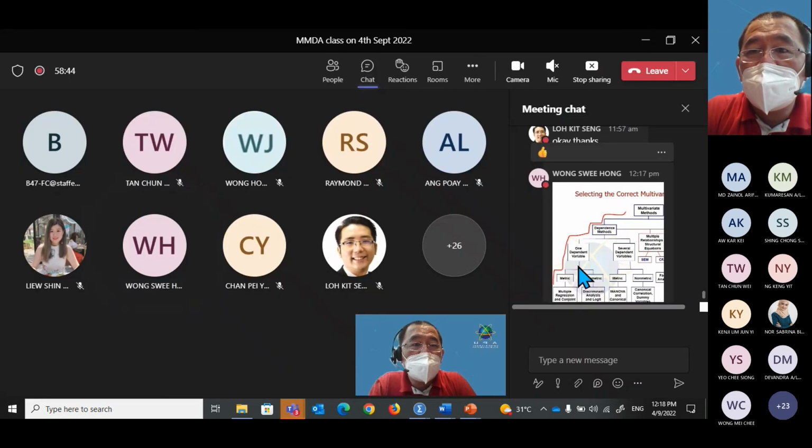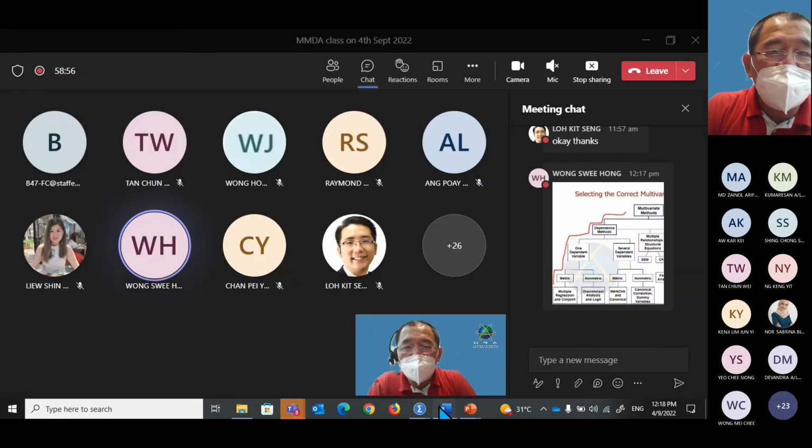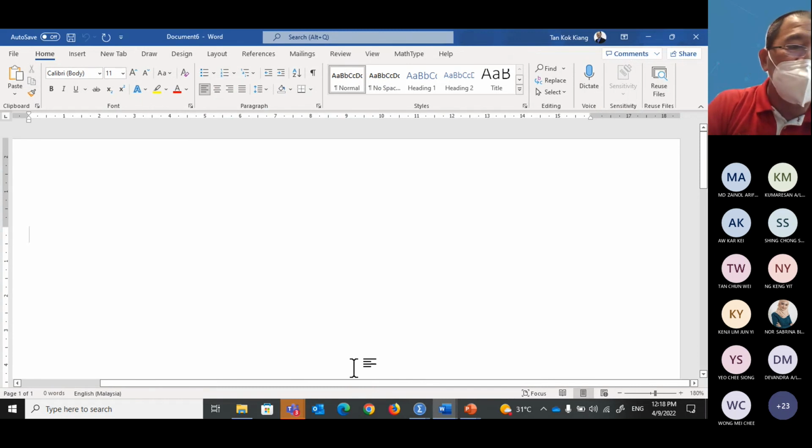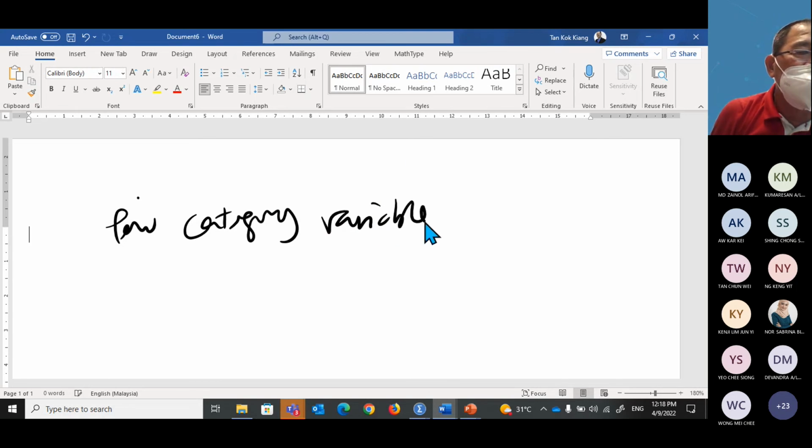If let's say I have a set of data where I have a few variables that are categorical, for example gender or education level, and I want to run this MLR, that means I have to label the gender and also the education level into dummy, like 0, 1?